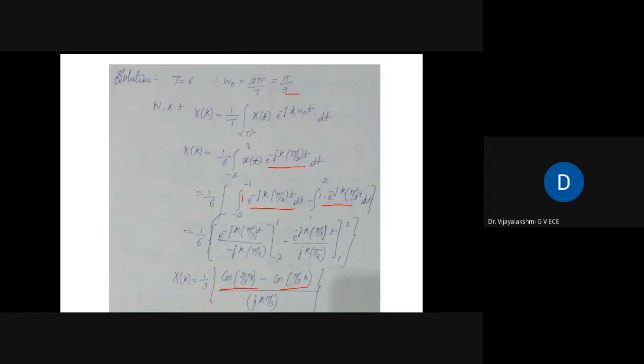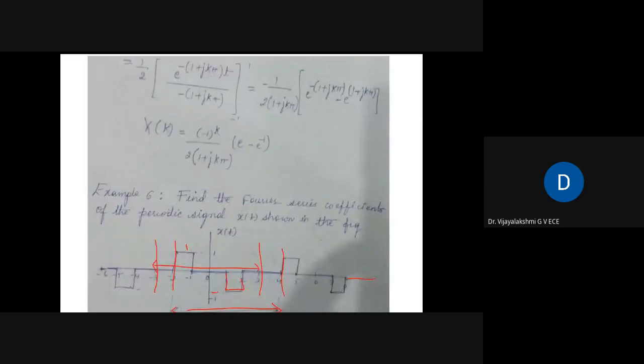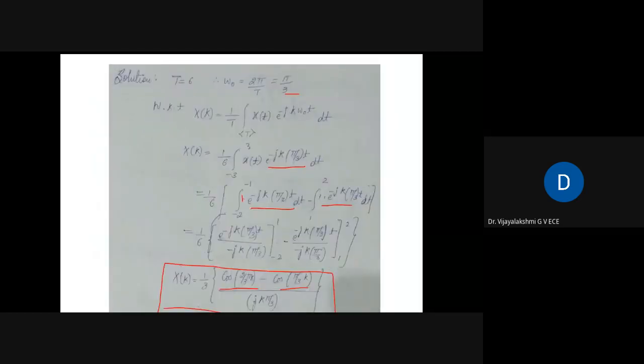So this is about the Fourier series coefficient for the given signal. As per the given problem, you need to find out the Fourier series coefficients of the periodic signal. I think it's clear how to find the Fourier series coefficient. Now if you also have a question like plot the magnitude and phase spectra, you can further proceed.